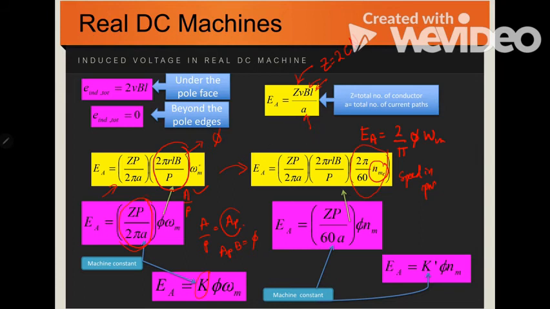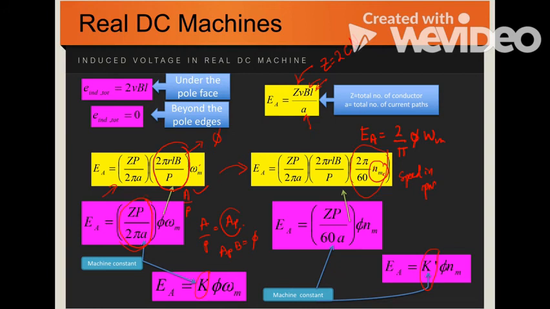So if we have speed in RPM, the term ZP inside the term K here is not ZP over 2 pi A, but it's ZP over 60A. So EA in this case is K prime phi N. The difference here is simply in the term K, the machine constant when you have speed in radian per second, and K prime, the machine constant when you have speed in RPM.